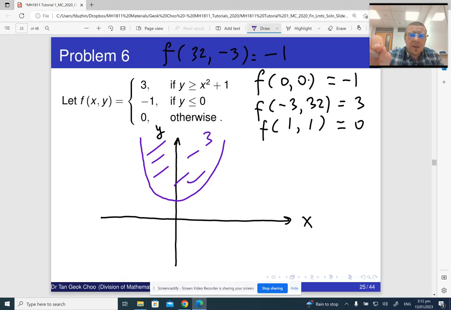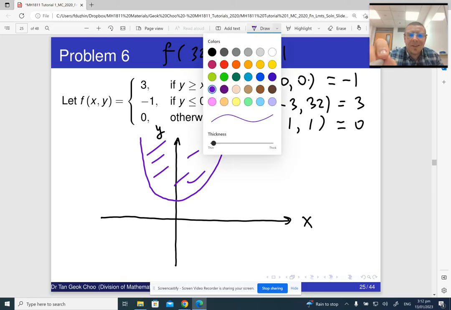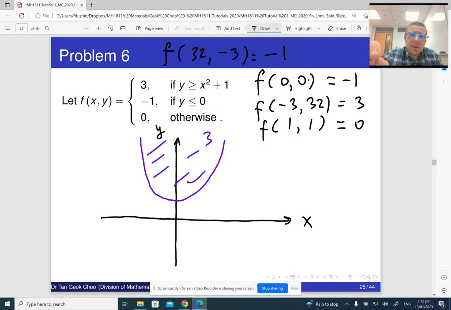So along the line y equals 0, which is the x-axis, and below that line, so for negative values of y, the value of our function is -1, right?